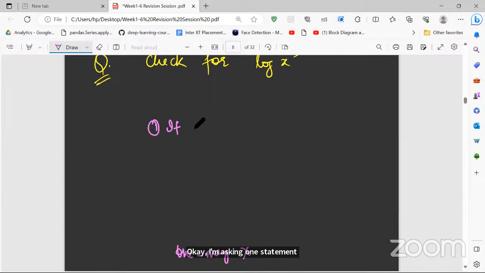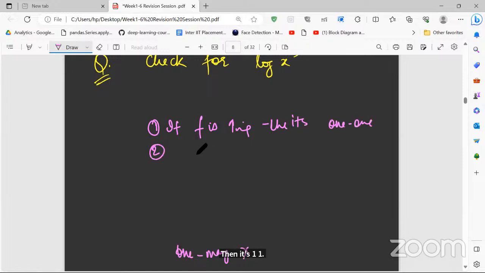If f is an increasing function, then it's one-one. Second, if g is a decreasing function, then it's one-one.